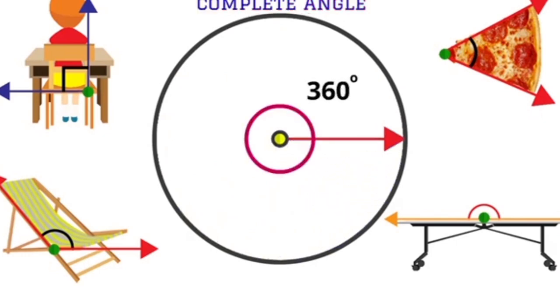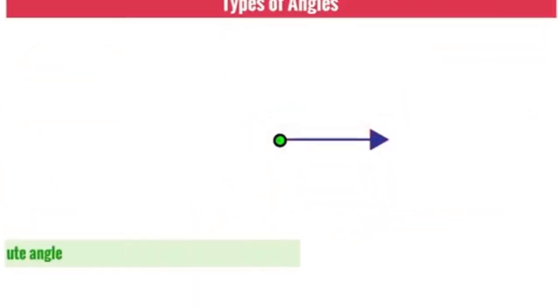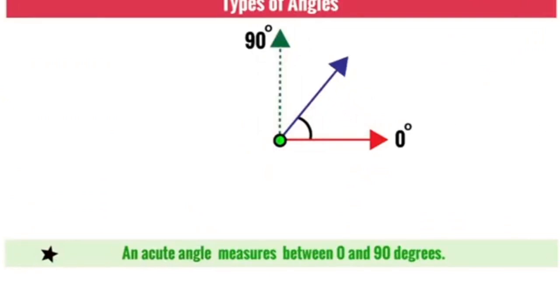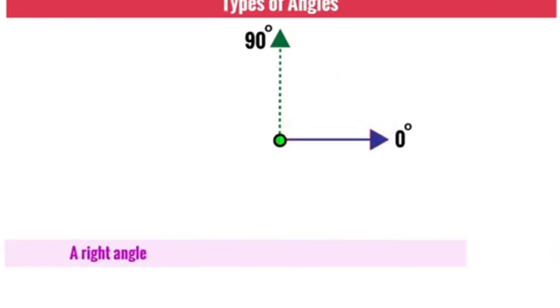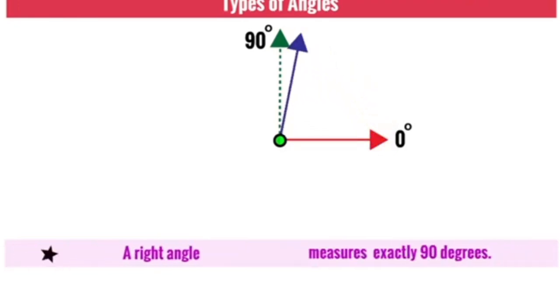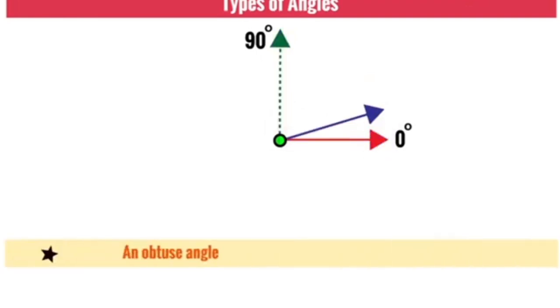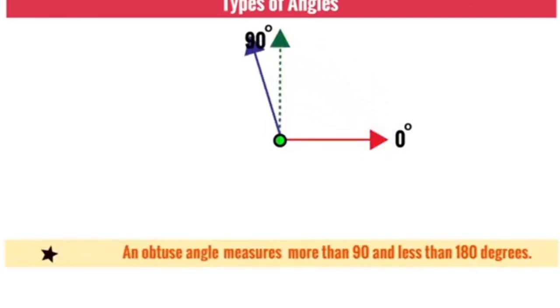So all students, an acute angle measures between 0 degrees and 90 degrees. A right angle measures exactly 90 degrees. An obtuse angle measures more than 90 degrees and less than 180 degrees.